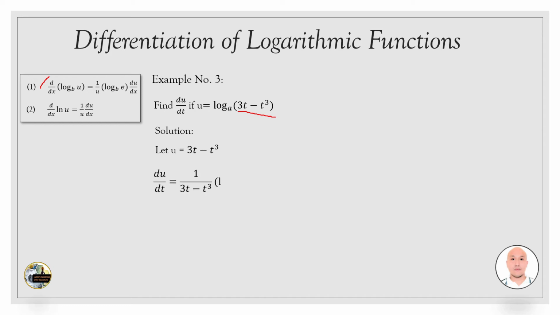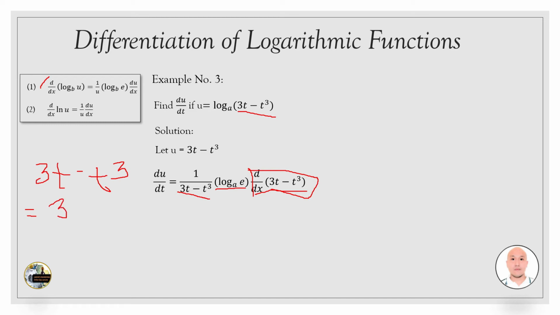Then du over dt is equal to 1 over u, which is (3t − t³), log a e, times d over dx of u. So here we have to differentiate this part. We can differentiate 3t minus t cubed, which equals 3 minus 3t squared using the power rule.